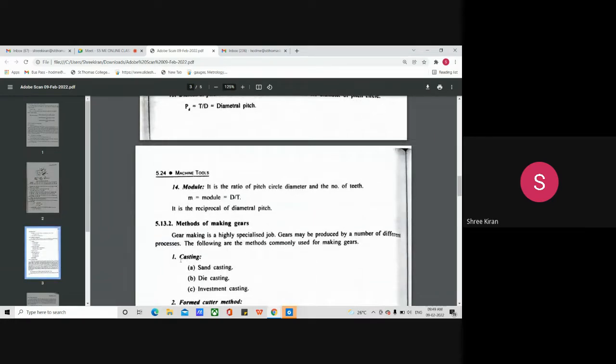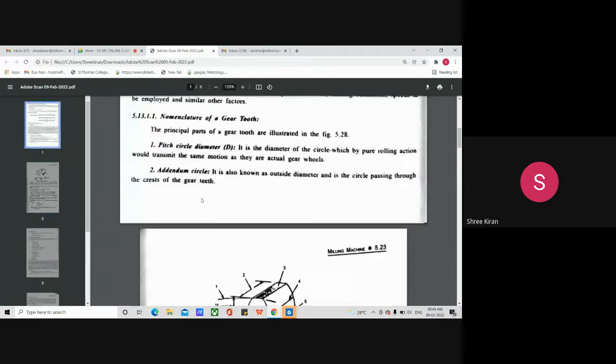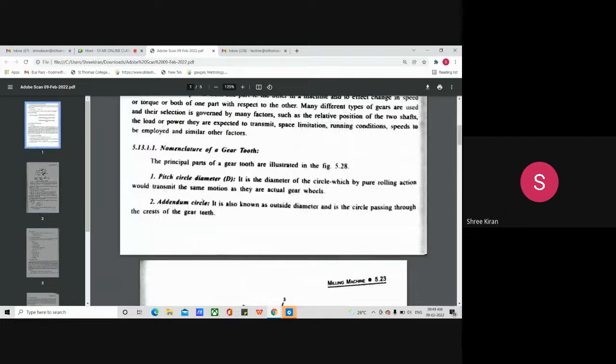These are very important aspects when we are designing a gear with respect to the production process. We cannot say all gears are the same; according to the teeth dimensions and aspects, gears will always differ.